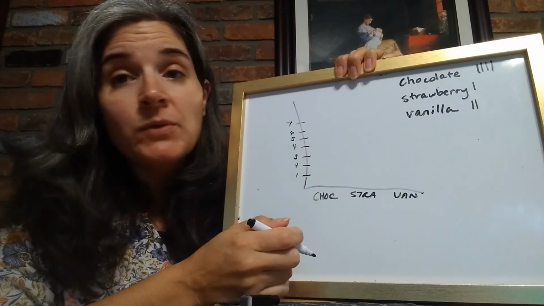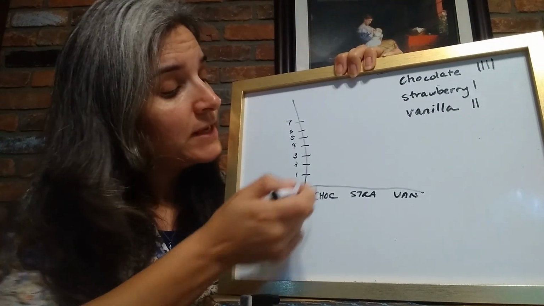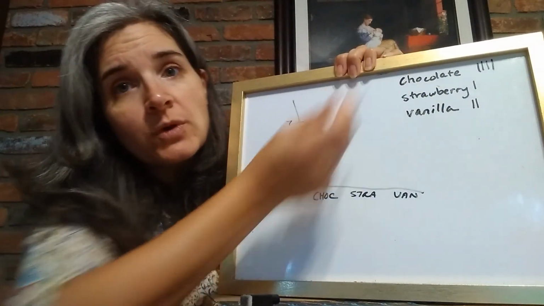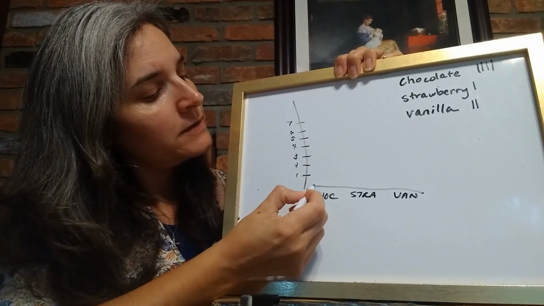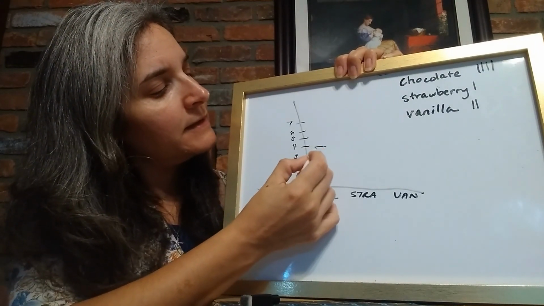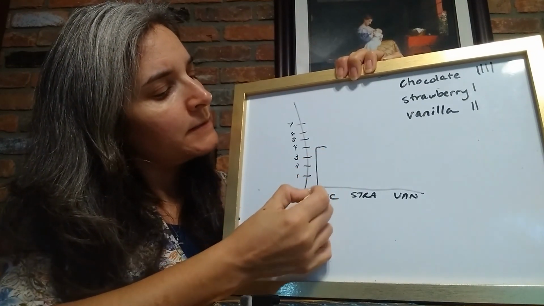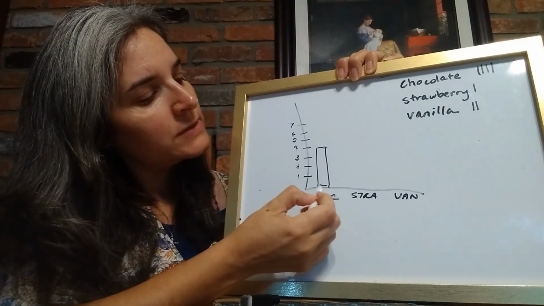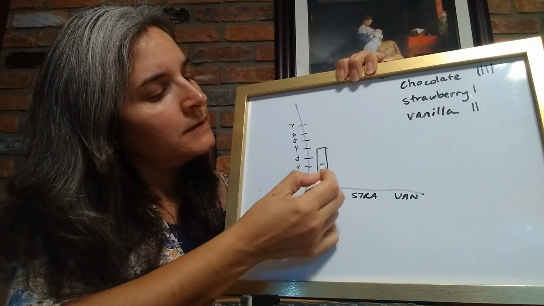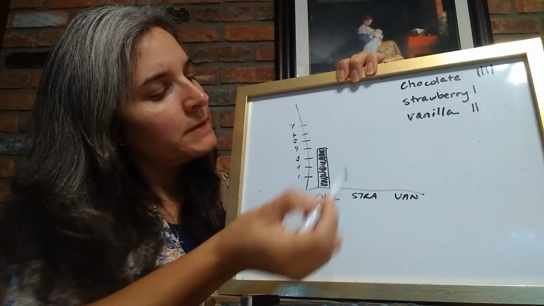And then what you do is you come in and you say, okay, chocolate, I had 4 people whose favorite was chocolate. So I'm going to come up here and make a line at 4. I'm going to make a little bar so that this shows, and I can maybe color it in, that 4 people like chocolate.